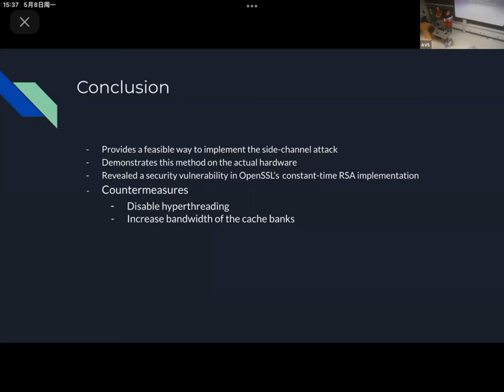And you can also increase the bandwidth of the cache banks, so that it is hard for the attacker to read the exact data and record the time of each data load. That's basically the countermeasures they proposed.